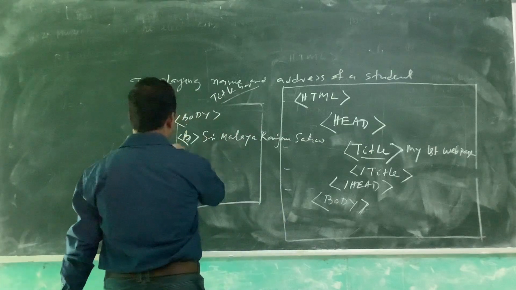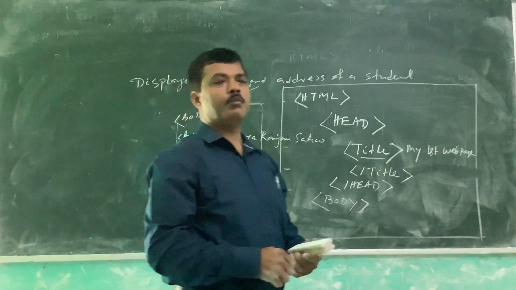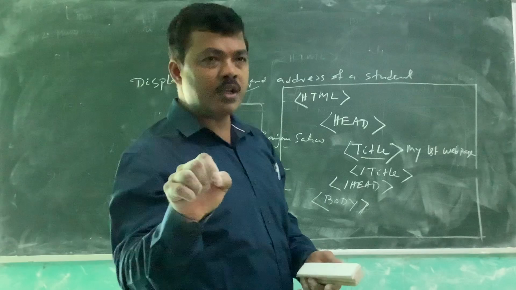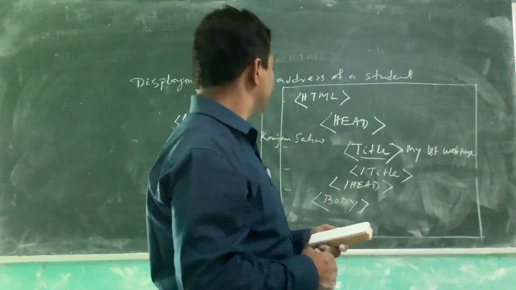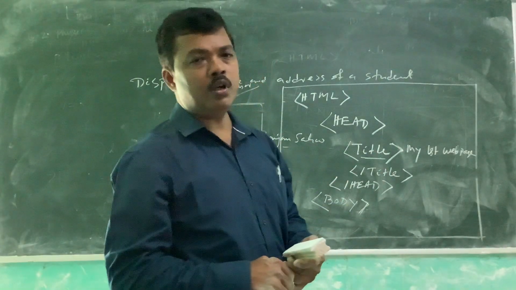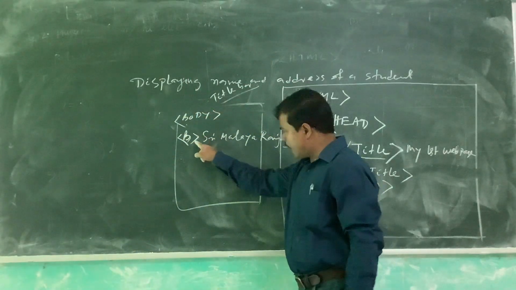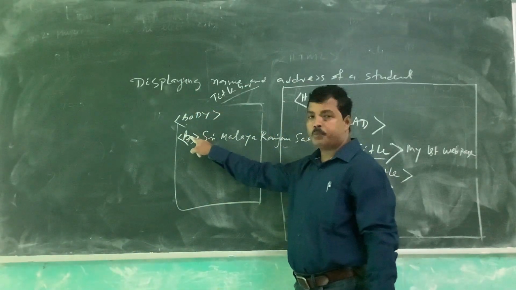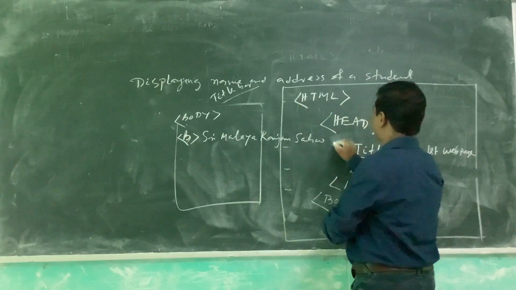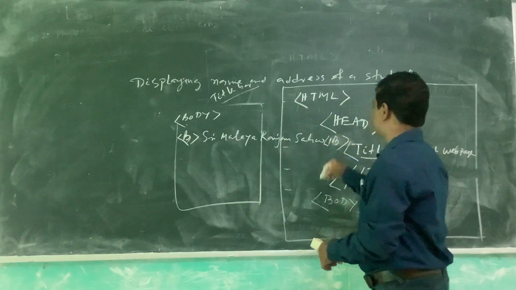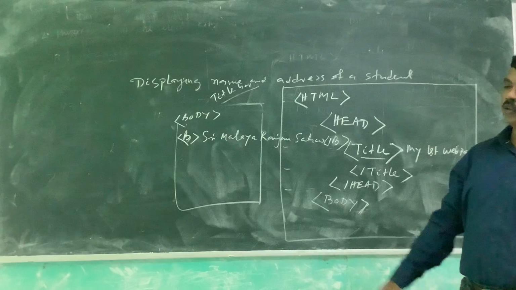Okay. Let the name of the student be Malaya Ranjan Sahu, and we want to show the text in bold face. So here start with the B tag and end with the slash B tag.